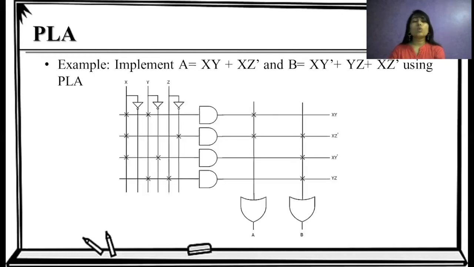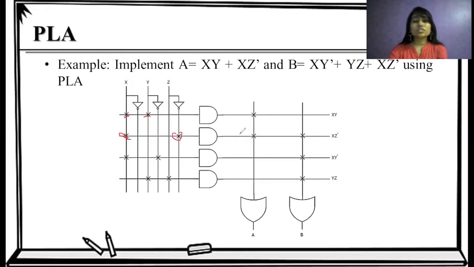So this is how we have an implementation of this logical function using this PLA. Here we require this XY, so we can mark this X and Y. So here we have XY and here we have XZ dash.